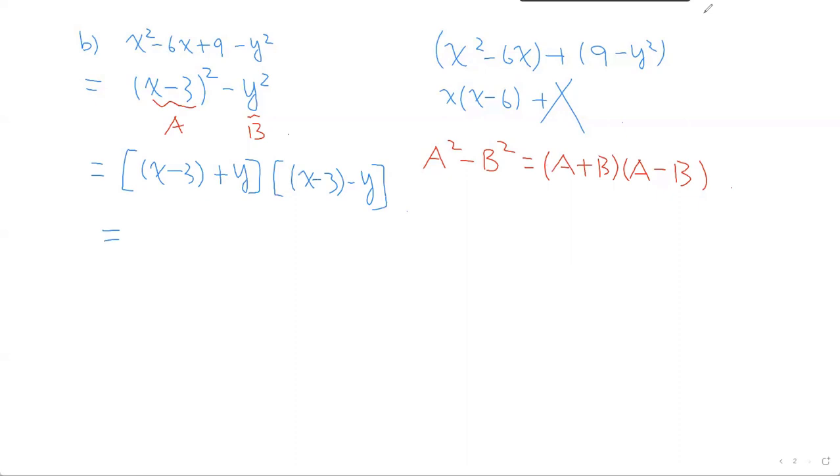So you have x plus y minus 3 and x minus y minus 3. So here, the key point is after you regroup and factor one of them, you got the difference of two squares. So we can use the formula, difference of two squares. Okay, thank you.